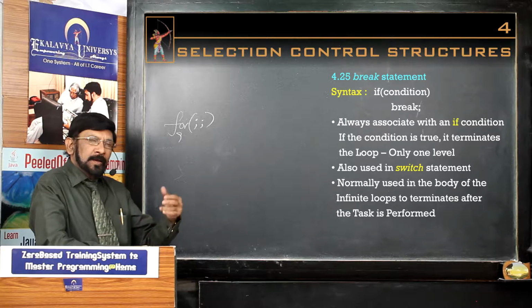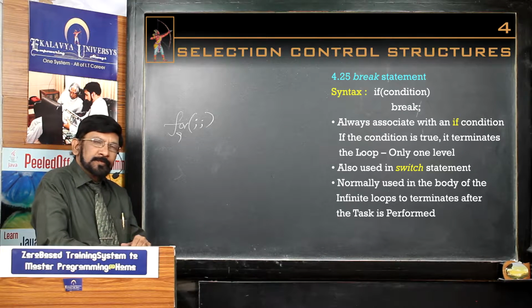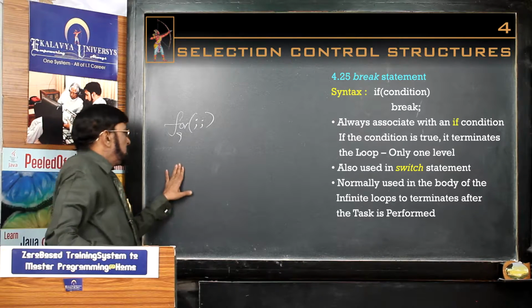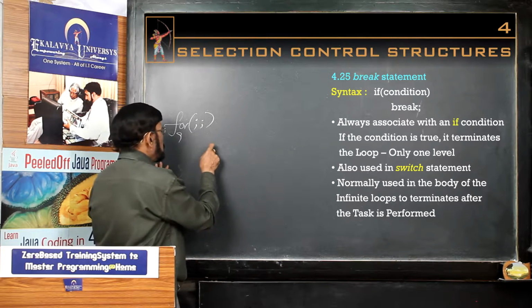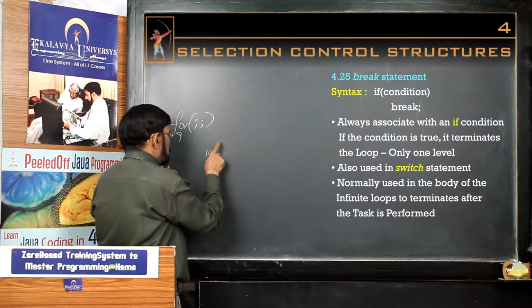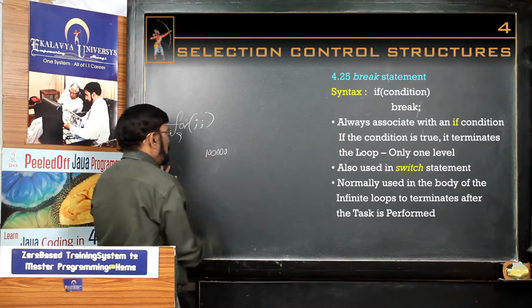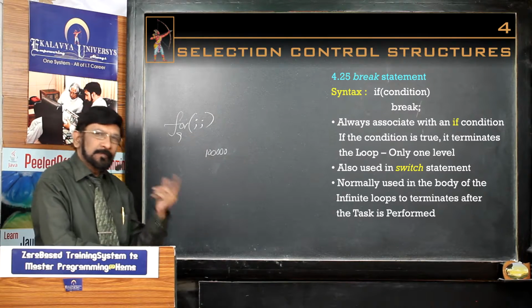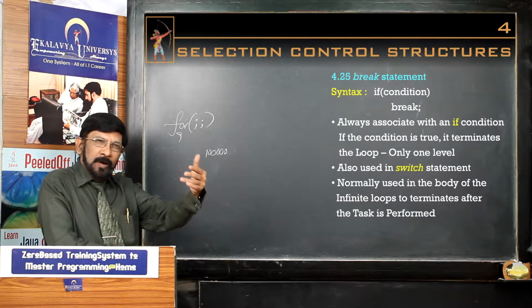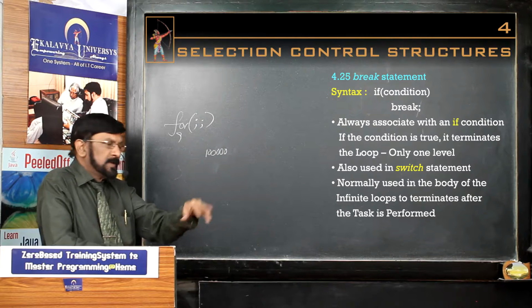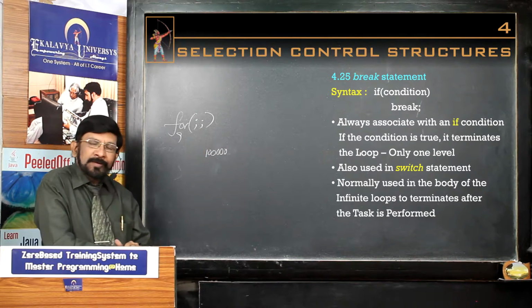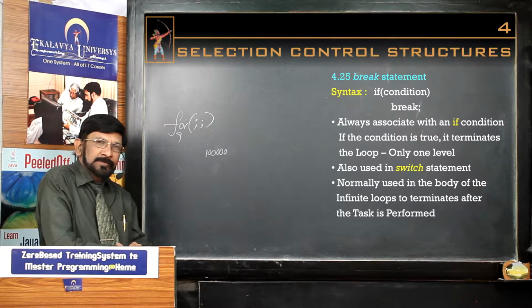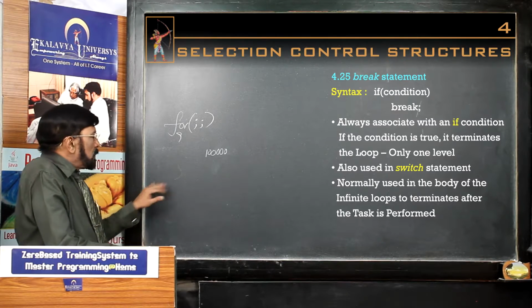You are collecting contributions from different people for a cause, and for that purpose you want to collect 1 lakh rupees. Beforehand, you never know how many people together will contribute 1 lakh rupees. So what do we have to do?